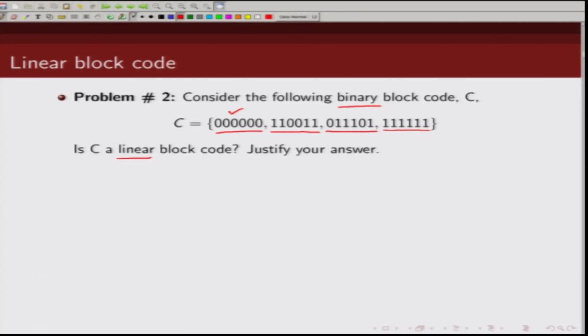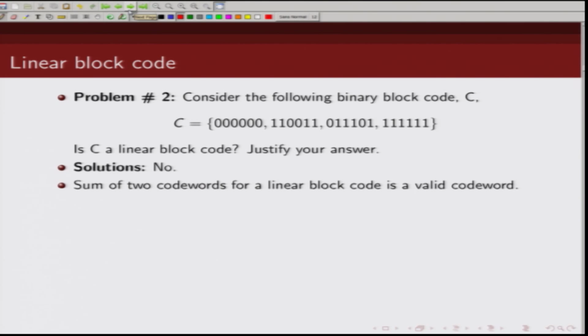So, let us see if the sum of code words is already a valid code word. Let us call these V0, V1, V2 and V3. What we want is that all possible combinations of V0, V1, V2, V3 should also be valid code words.